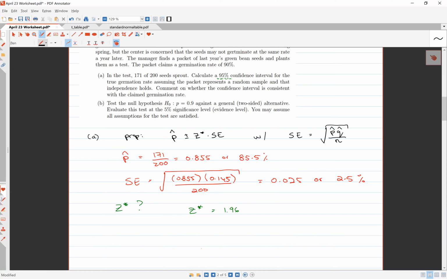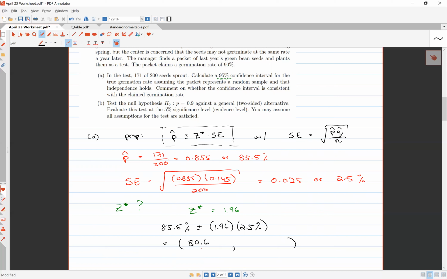Now we can plug in all our values. So I'm using the confidence interval formula, 85.5% plus or minus 1.96 times 2.5%. And we can always just write the lower and upper value in parentheses as a summary.